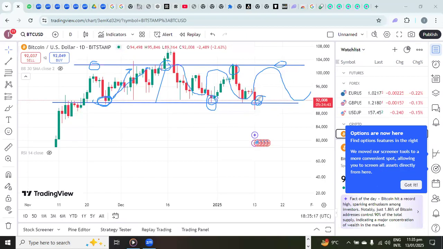But if the psychological trend has broken, I will tell you why. Let's say a person who's buying over here, thinking the price will reverse from here, continuing the normal cyclical pattern, has put a stop loss right at the support. And so many people who are longing the trade over here have put a stop loss at this specific level, because me and you are not the only ones who have marked this.